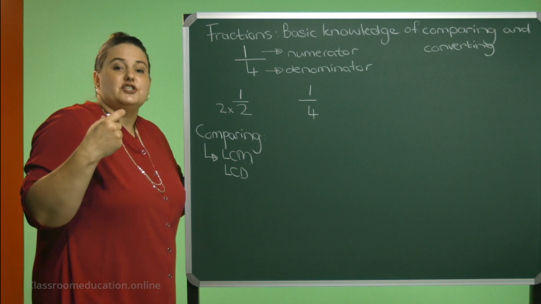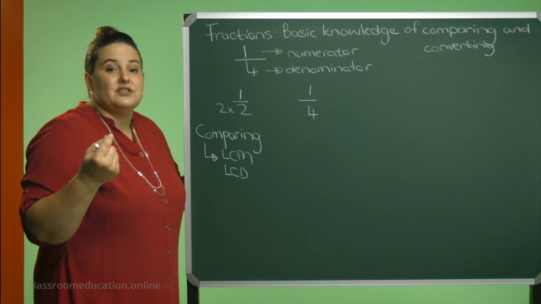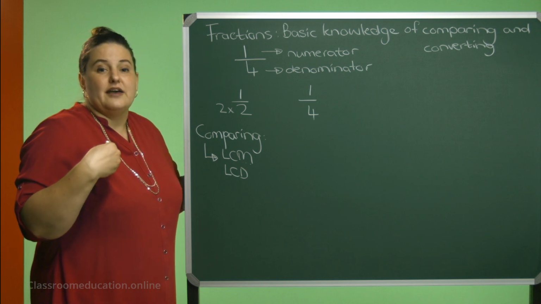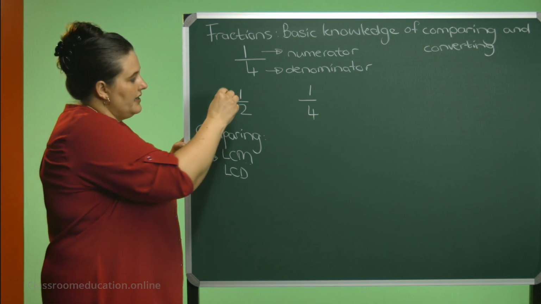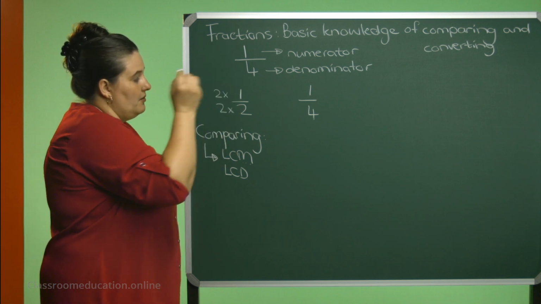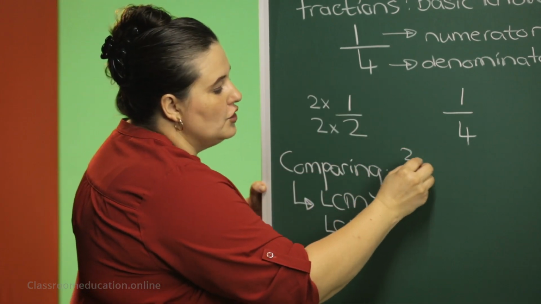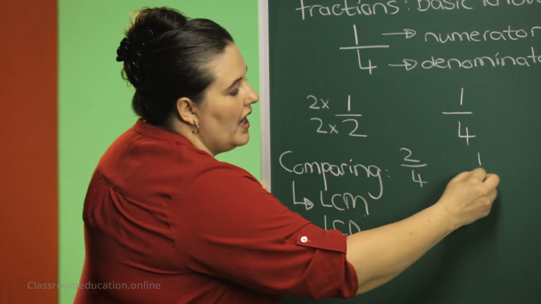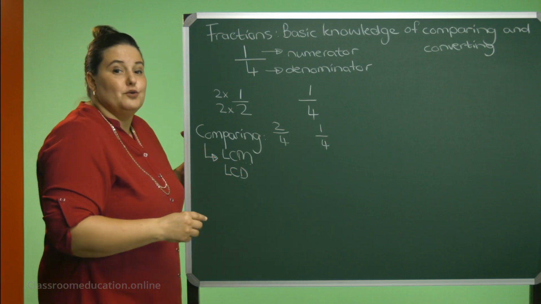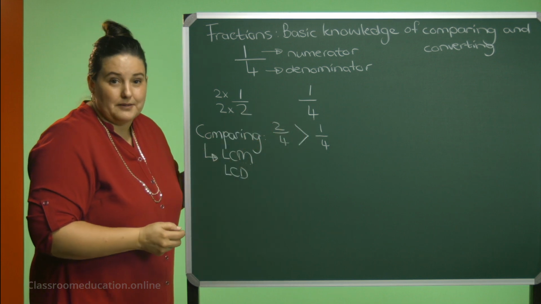Now, I cannot just change it, multiplying my denominator, without using the fact that we need to have equivalent fractions. So I need to multiply the top, the 2 as well. So this half will become now 2/4. And you had 1/4. So who had the most? Your friend. So that was the bigger one.